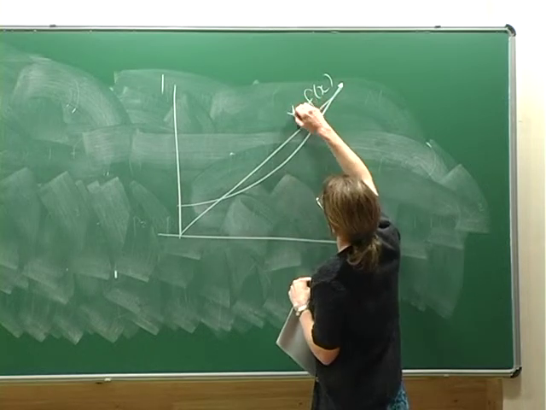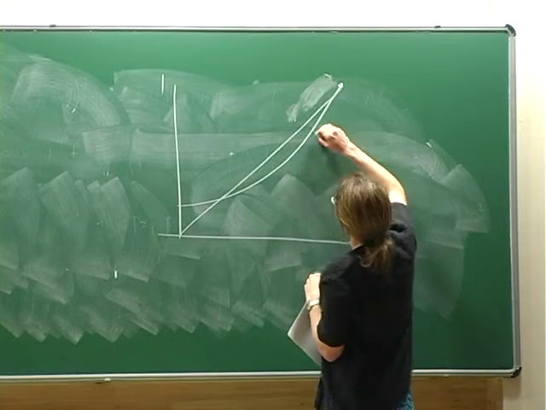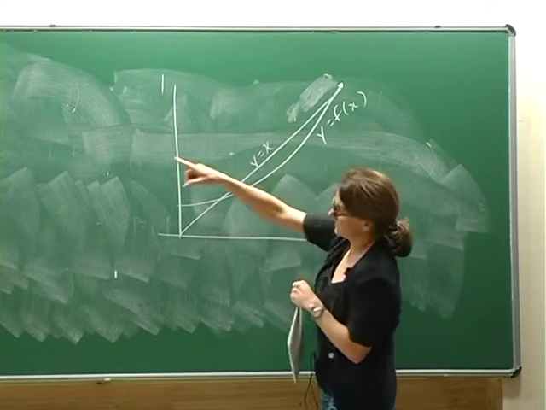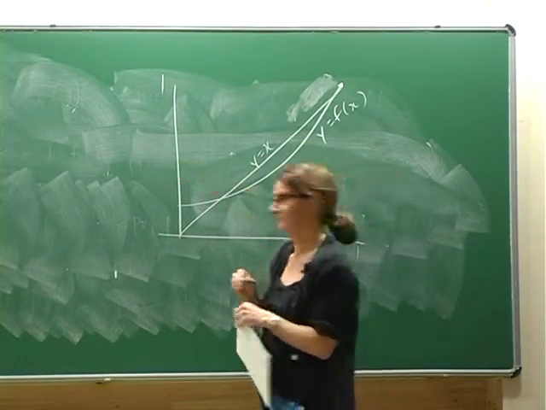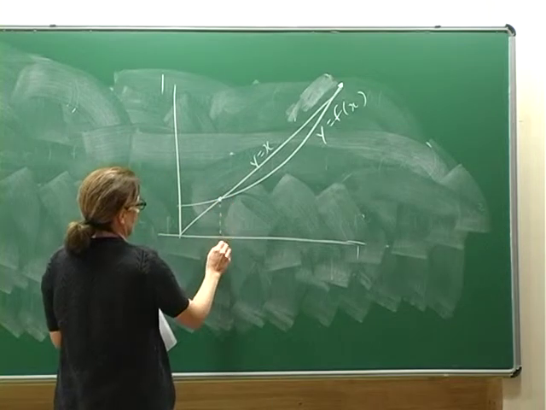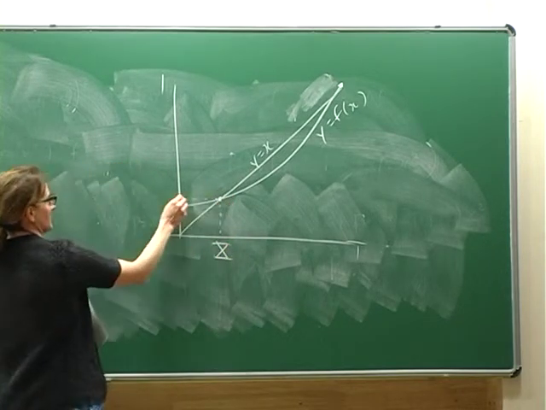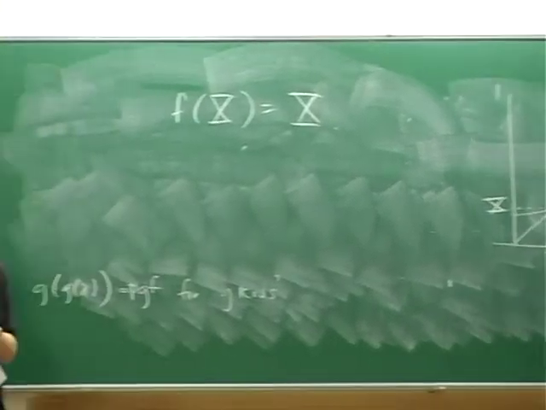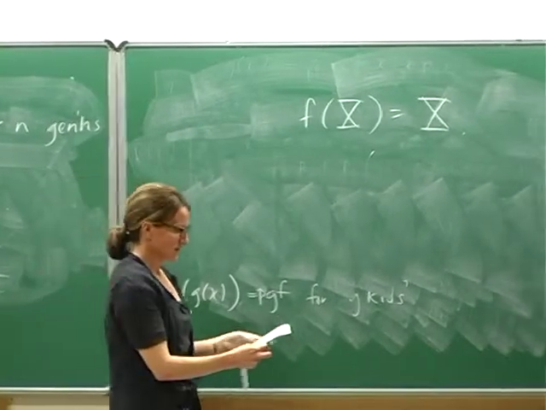This is y equals f of x, and this is y equals x, and that's the point where they intersect, right? It's also x over here.